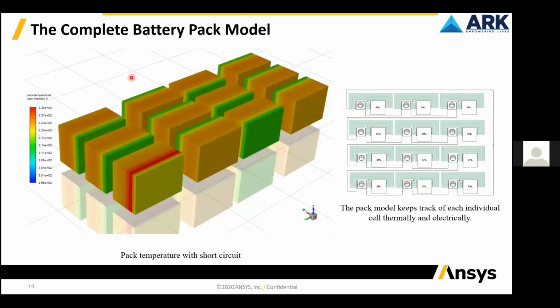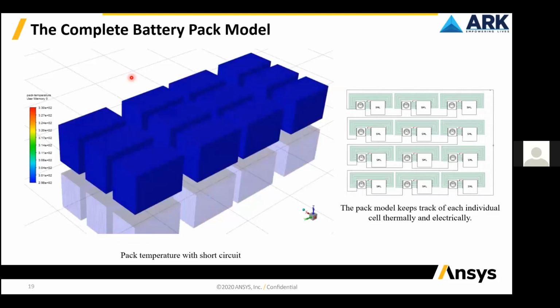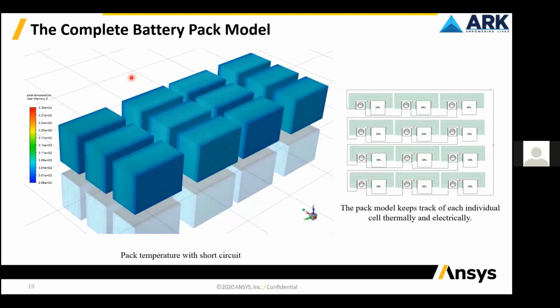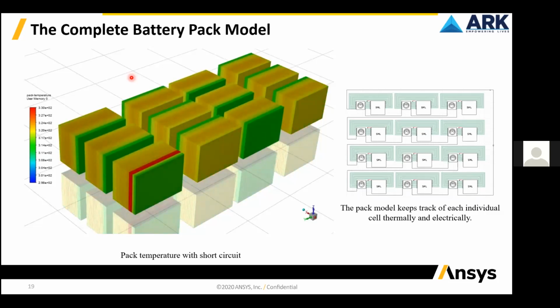Then as you can see here, ANSYS helps to keep track of the complete thermal or electrical cells individually. So you can get completely detailed results over here, and you can easily simulate it for the complete battery pack.